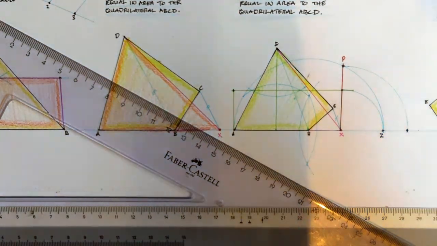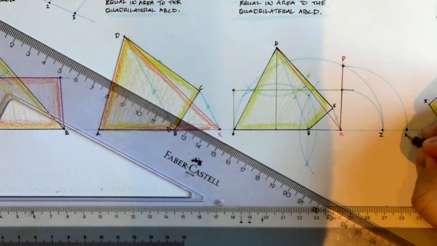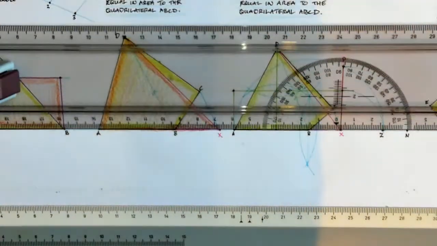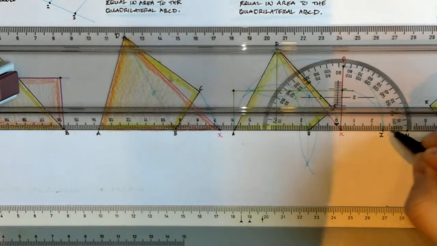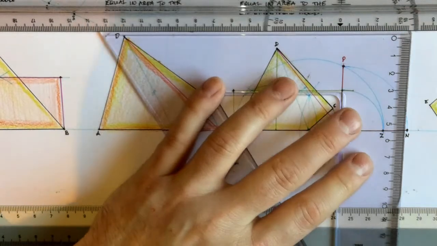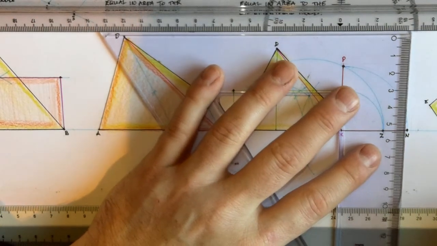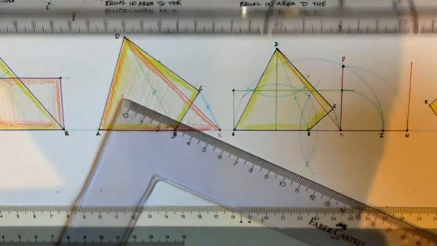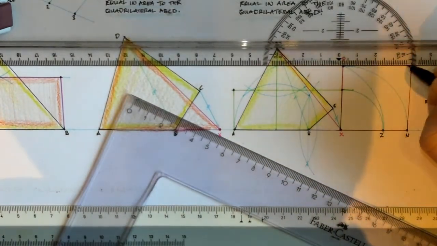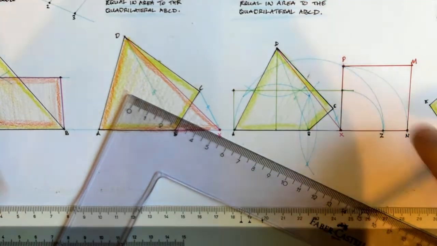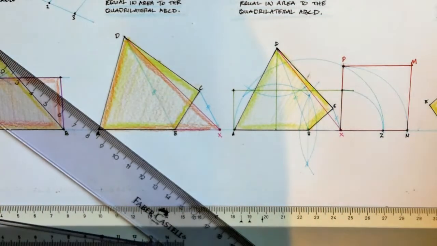Okay, we can call that N, and of course we can just draw across there from X to N. And then what we can do is we can draw it up. Meet the line coming across, and let's say we call that point M. Okay, now we have our square there after all of that.